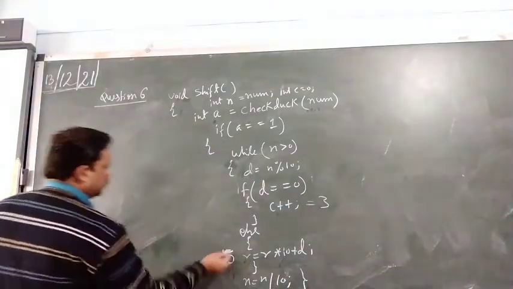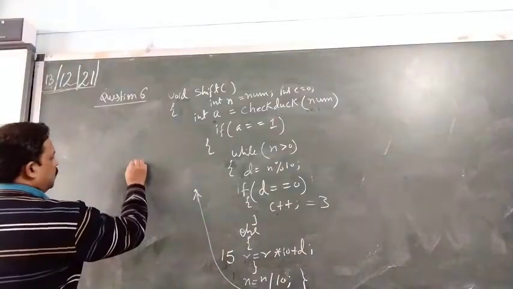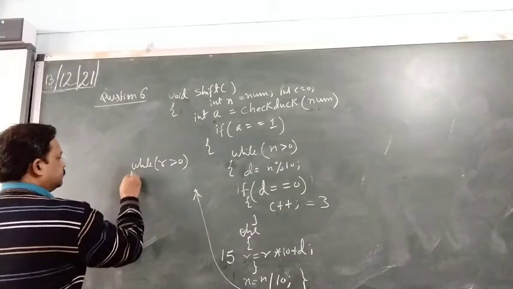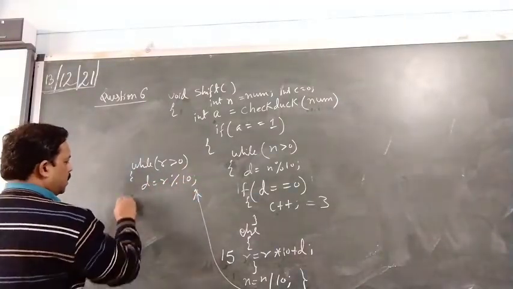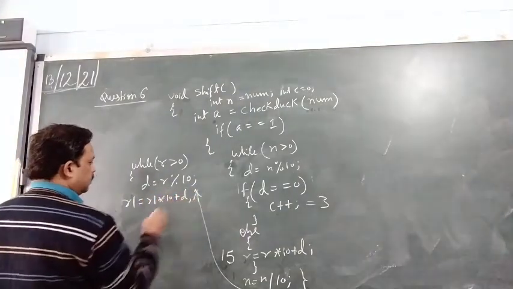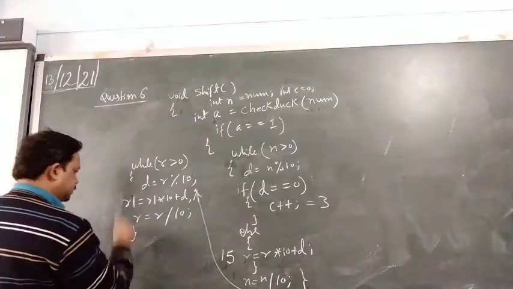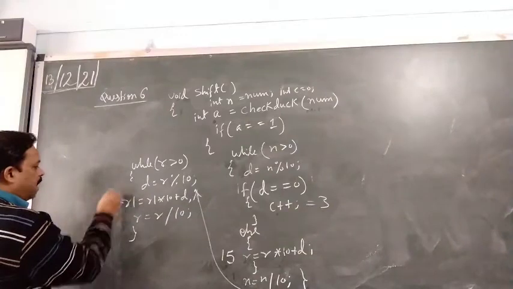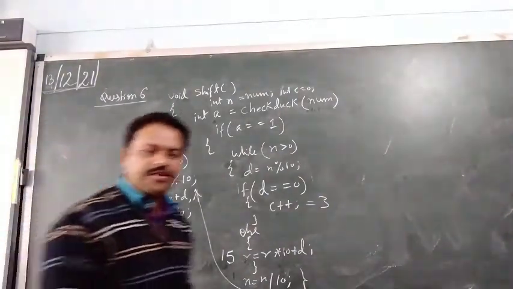After this, while r greater than 0, b is equal to r mod 10, r1 is equal to r1 into 10 plus b, r equal to r divided by 10. Simple. Now this time in r1, I will have 51.